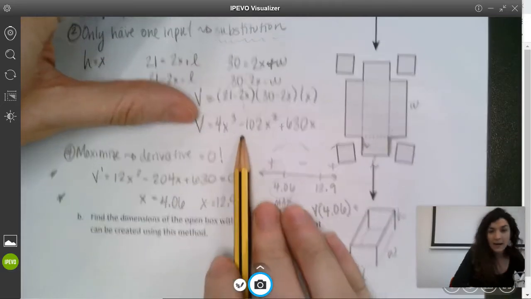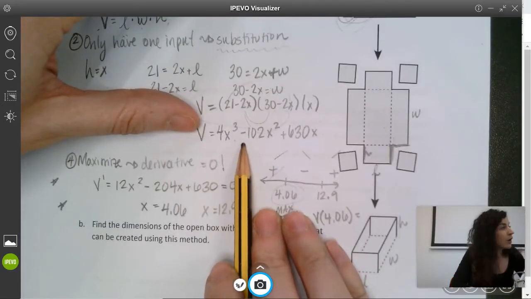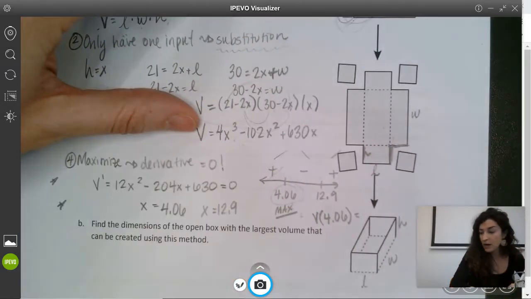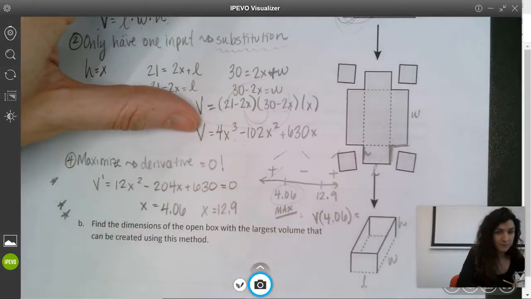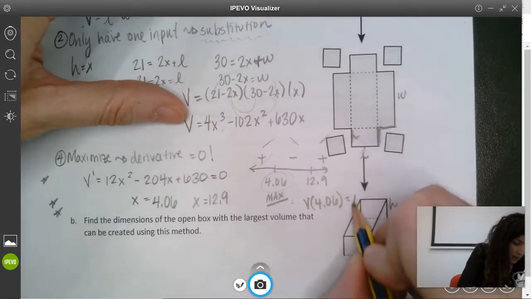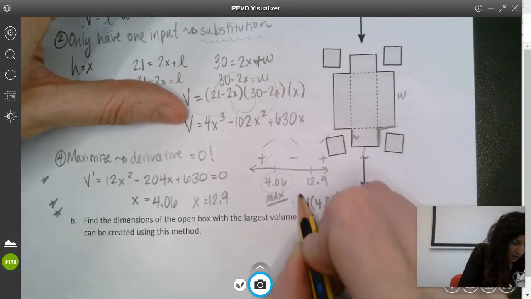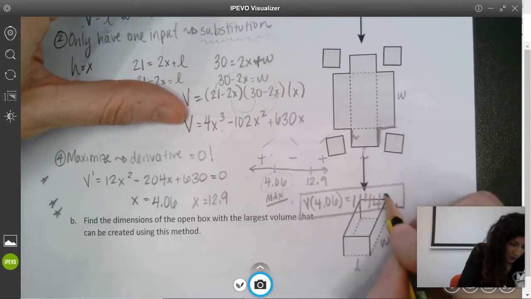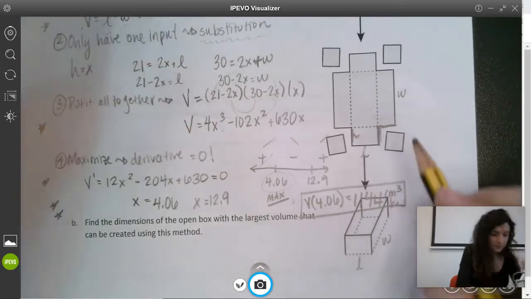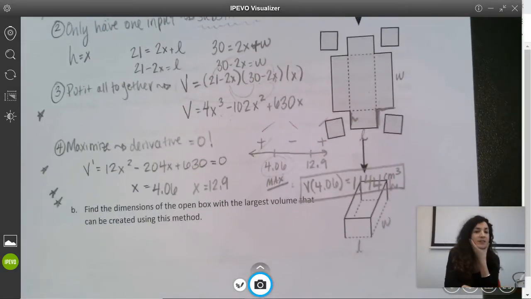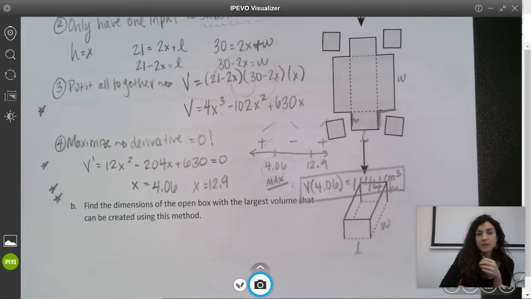You could plug this into your calculator. Tell me what you get. We end up getting 1,144 centimeters cubed. So that is our answer.